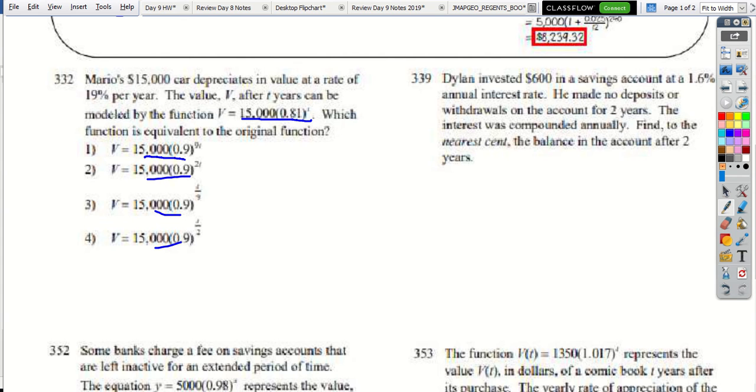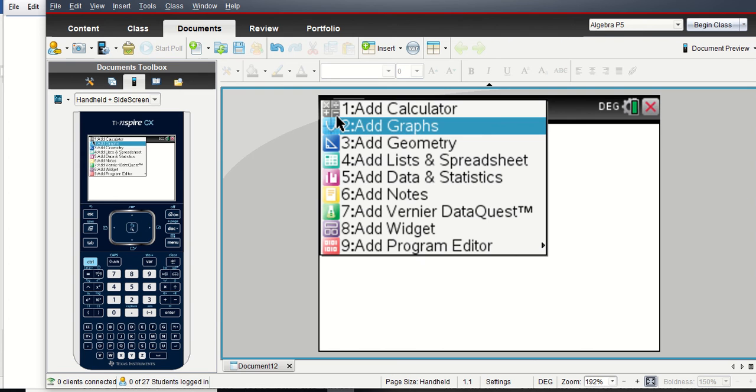Now another way to think of this is 0.81 is equal to 0.9 raised to what power?